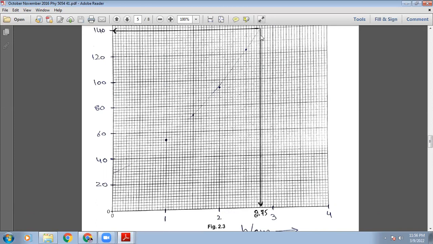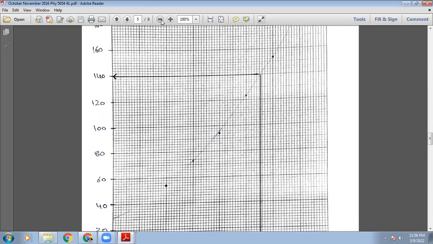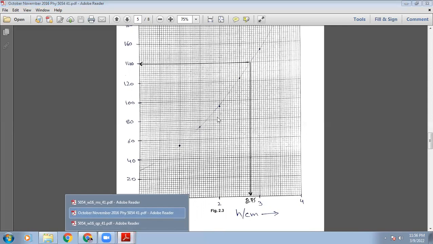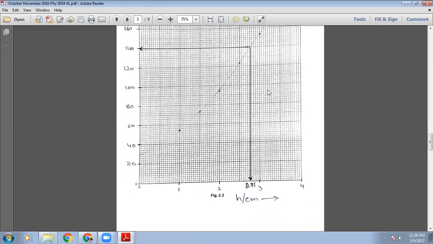So what is the H value? From here, I come down and you can see the reading is 2.75 approximately. So that answer I have written here, 2.75 centimeter.